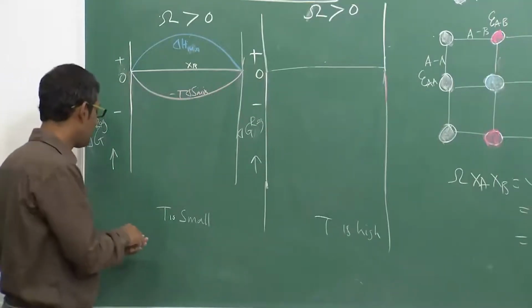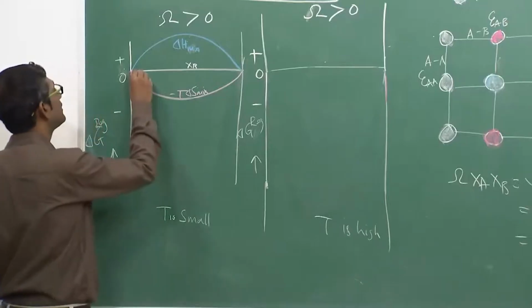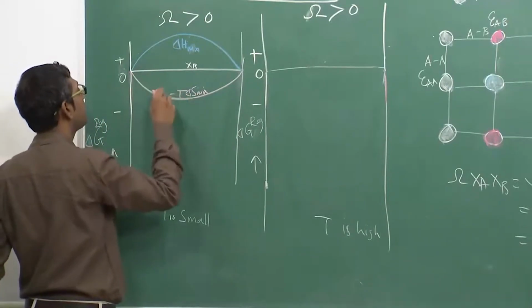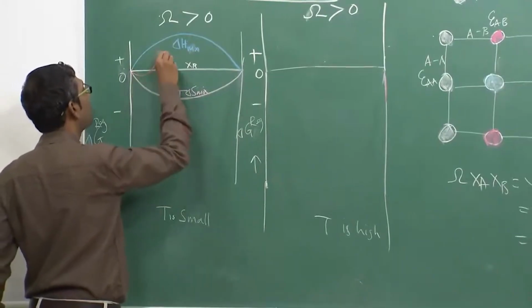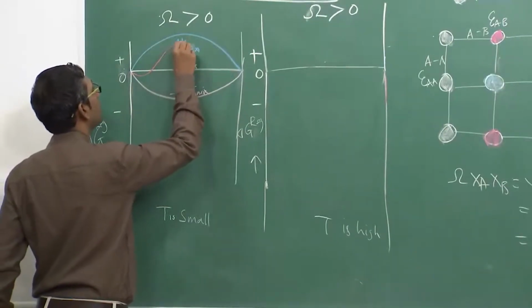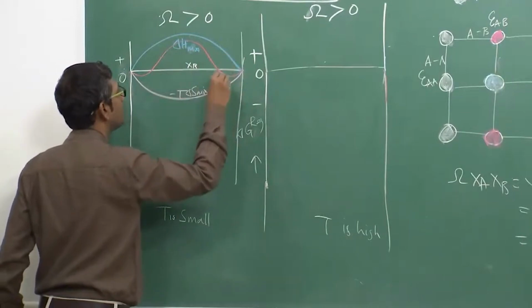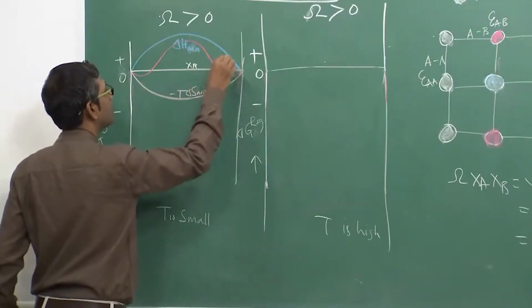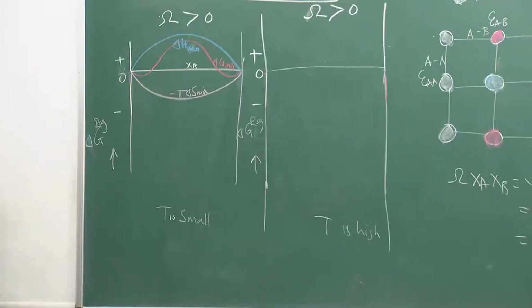So, this negative contribution is a little bit higher, so the curve will go down and up, and it will be like this. So that is my delta G mix. Okay, so that is what is going to happen.